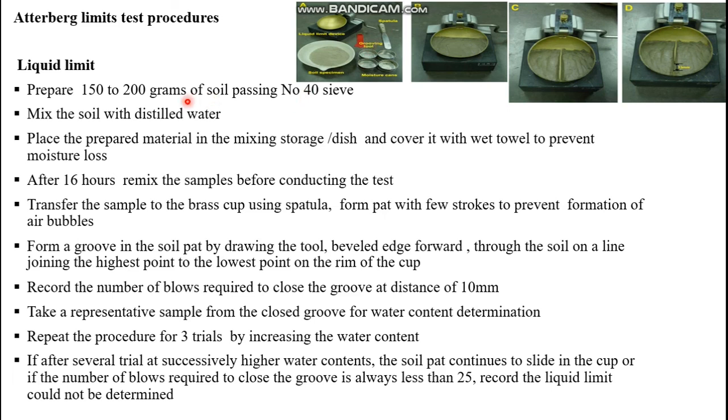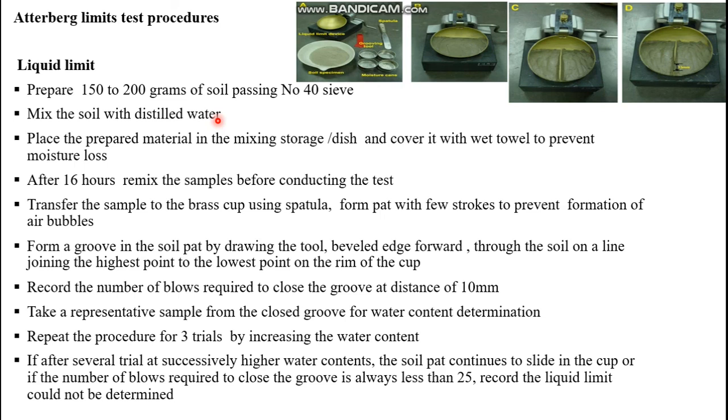The first step is to prepare a soil sample of almost 150 grams of soil passing sieve number 40, that is 0.425 millimeters, less than 0.425. You mix that soil with distilled water, and place the prepared material in a storage dish and cover it with a towel in order to prevent evaporation.